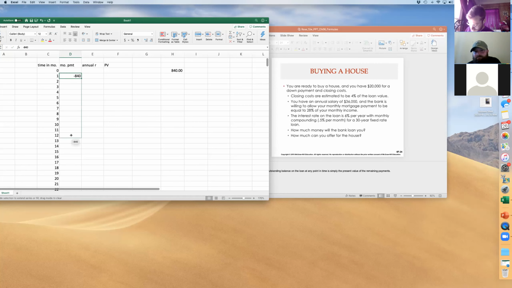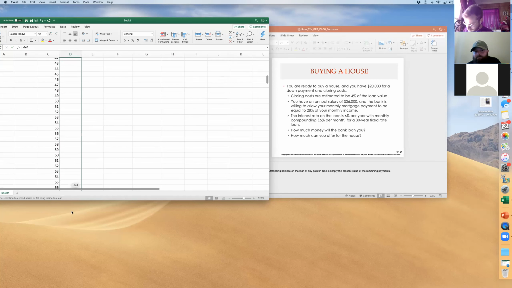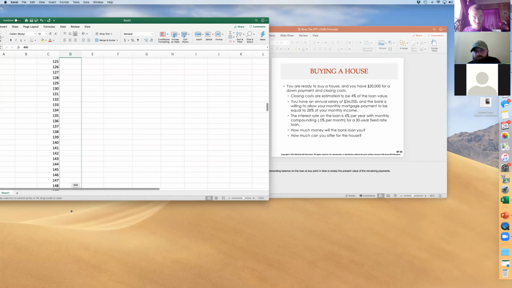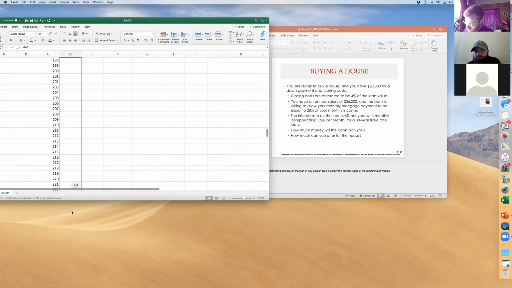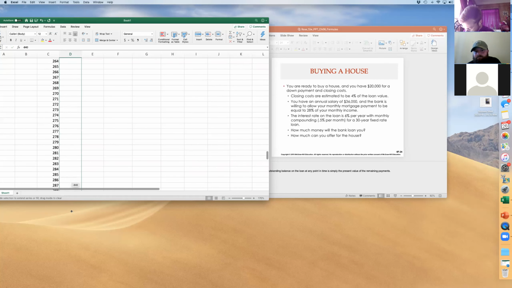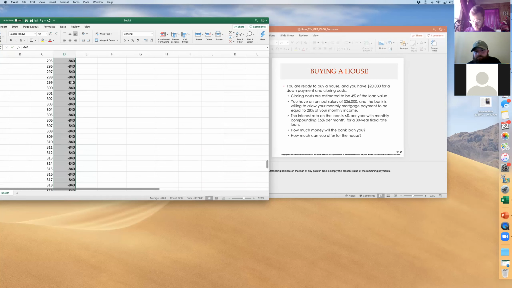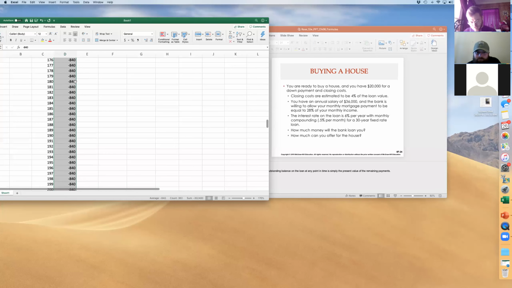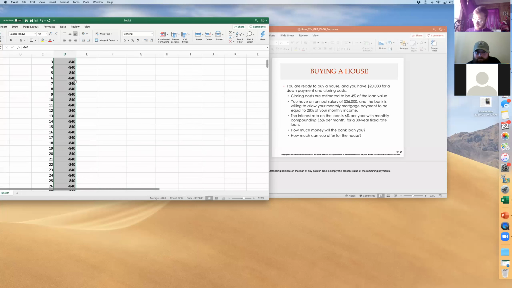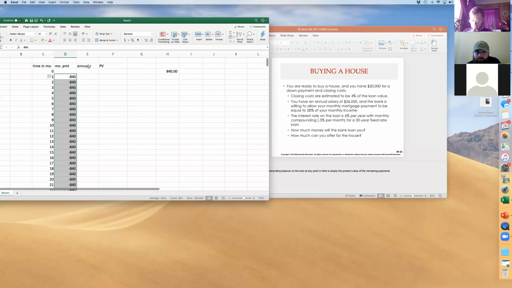And that's going to be for 30 years, which is 360 payments, going all the way down. So this bank is looking at an annuity. They're going to collect an annuity from you, $840 a month over 360 months.